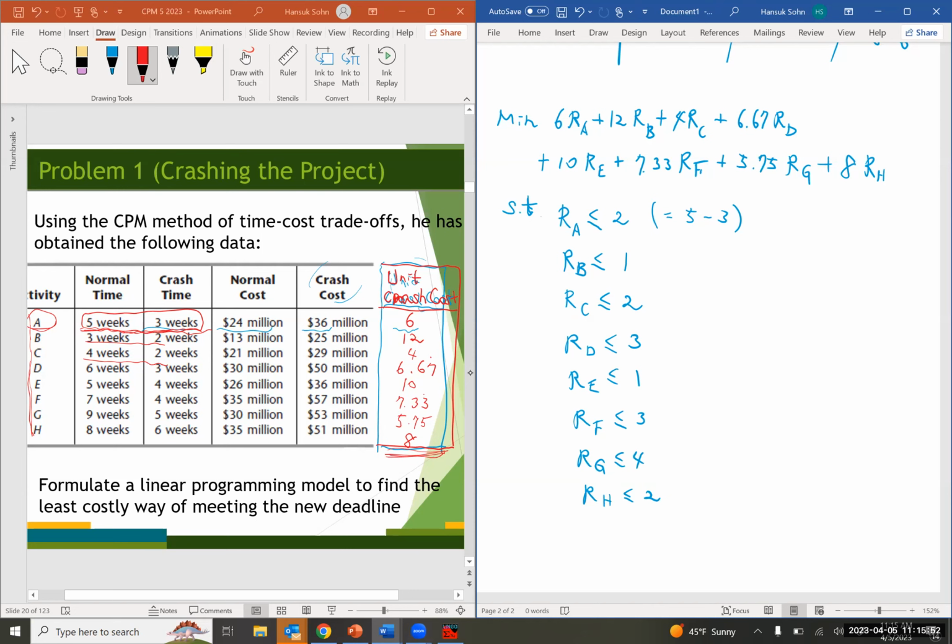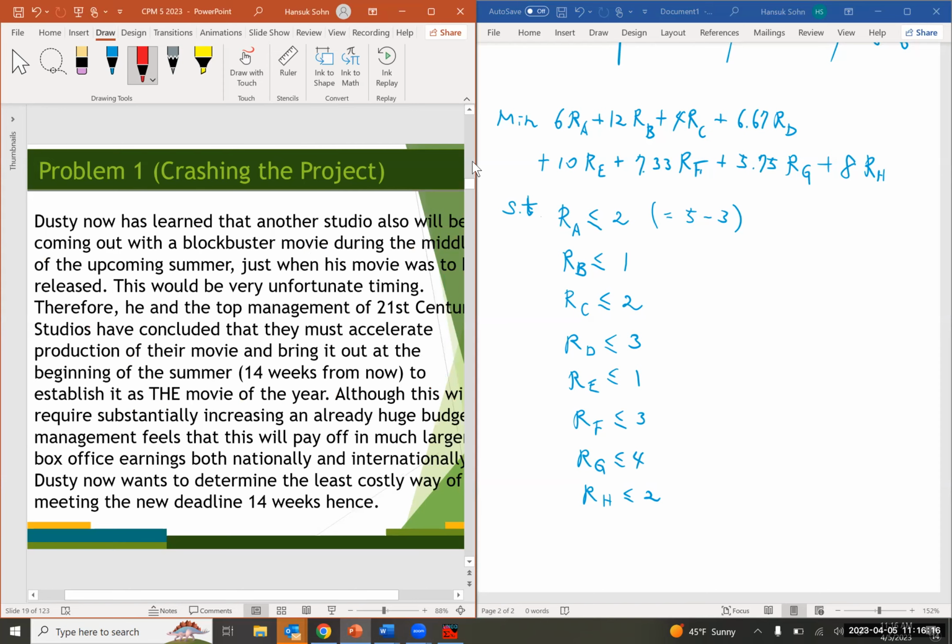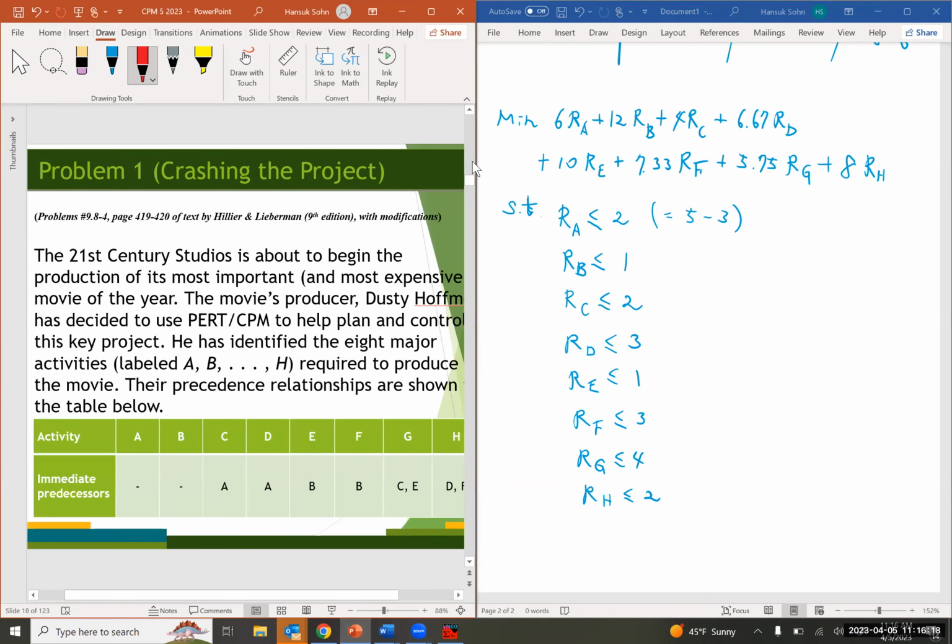And also for every precedence relationship, we need to have an inequality constraint, right? So did we ever draw the network diagram?